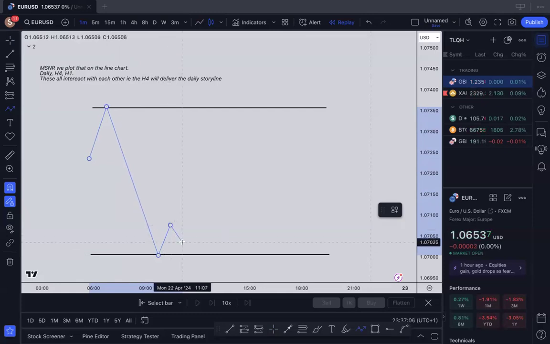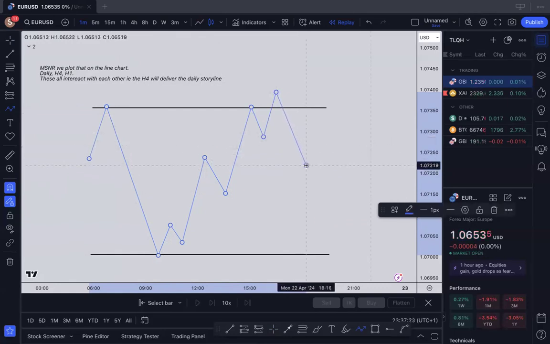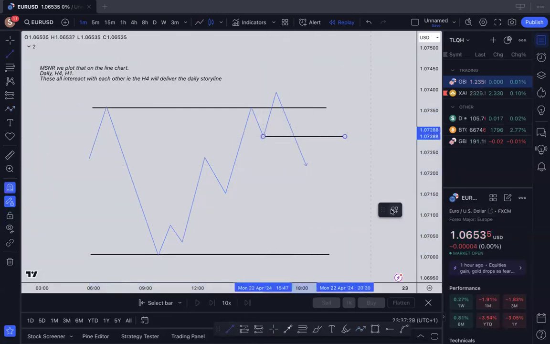But price will react from here, give our confirmation, and from there we will now use the H4 levels to navigate from here down to here.